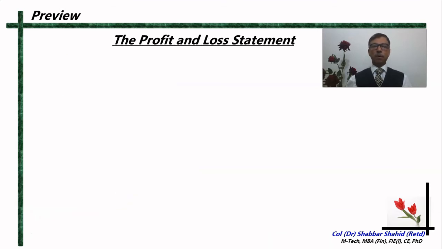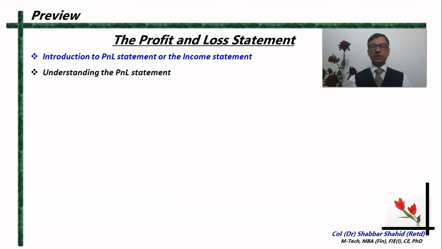After that, we shall talk about the profit and loss statement, and in that we will first look into the introduction to the profit and loss statement, also known as the income statement. Okay, and once we know the introduction, then we shall try to understand the profit and loss statement in great detail. Thereafter, we shall talk something about the top line and the bottom line. Two very important words, but people know very little about it.